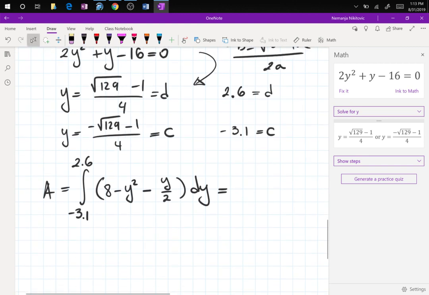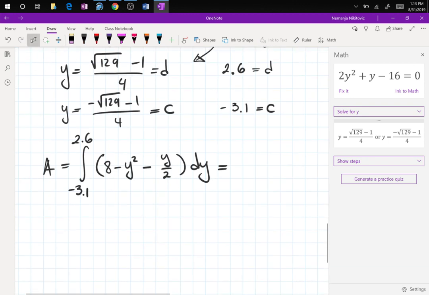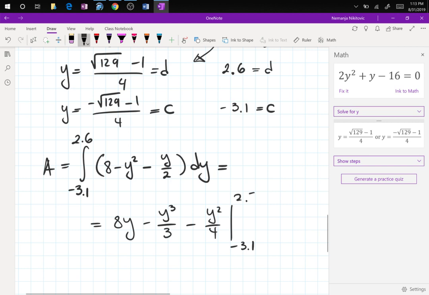Right minus left. And now we have at the end 8y minus y cubed over 3 minus y squared over 4, calculated from negative 3.1 to 2.6, which is going to be equal to a number, and we're done.